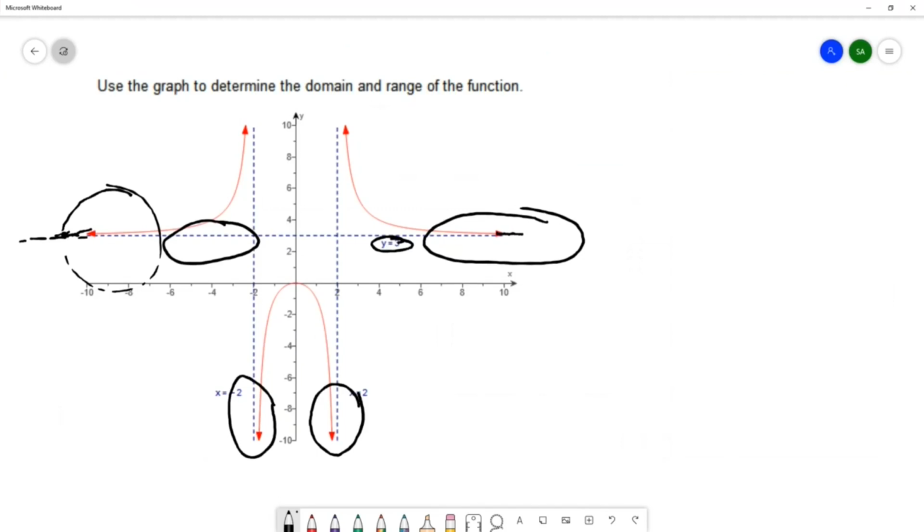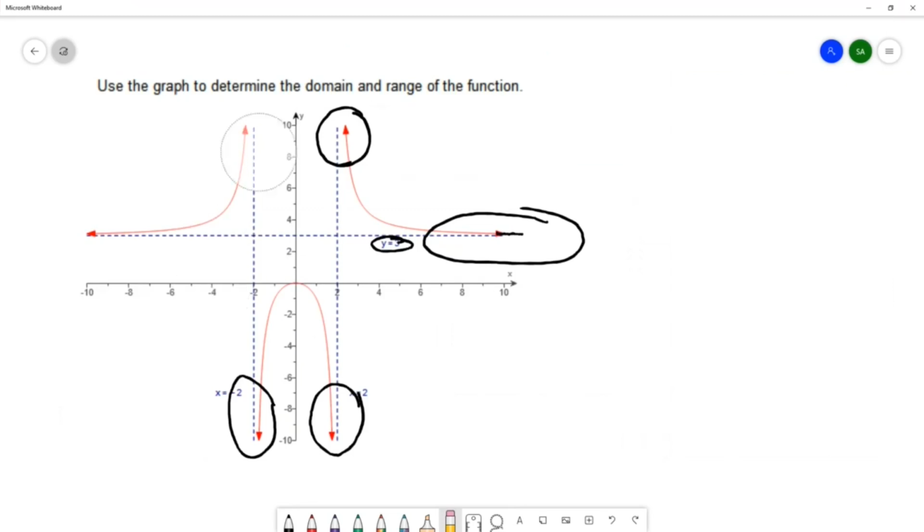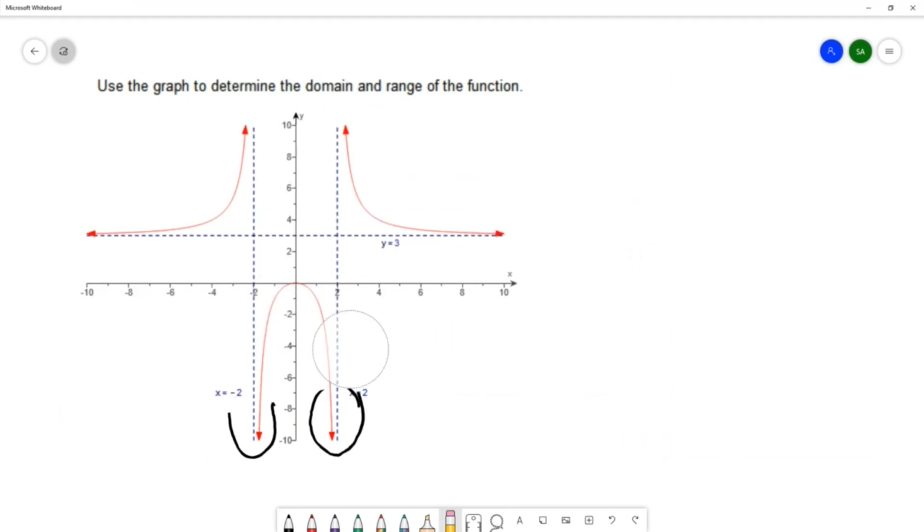Those are vertical asymptotes, and the same thing happens. These lines are getting closer and closer to the dashed line, but never reaching it. The same thing is happening up here as well. So that's a feature that you may not be familiar with. We are going to study it a little bit more later. But with that in mind, let's find the domain and range of this graph.